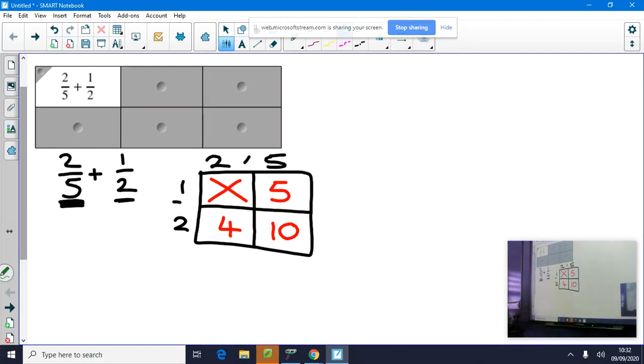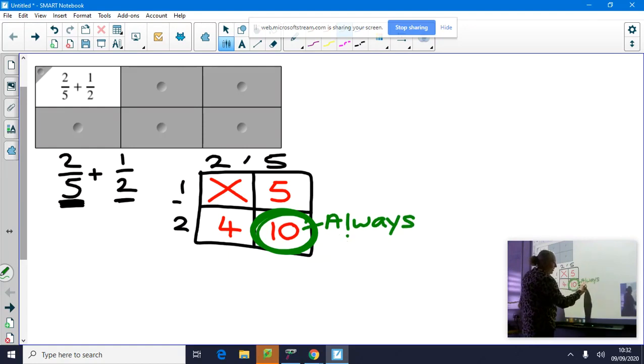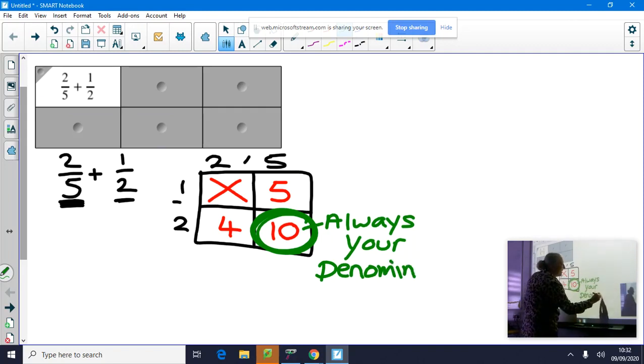Next step. This one here, bottom right, or it might be your left, I don't know how you're looking at the video, but my right, is always your denominator. It's at the bottom, it stays at the bottom, okay?